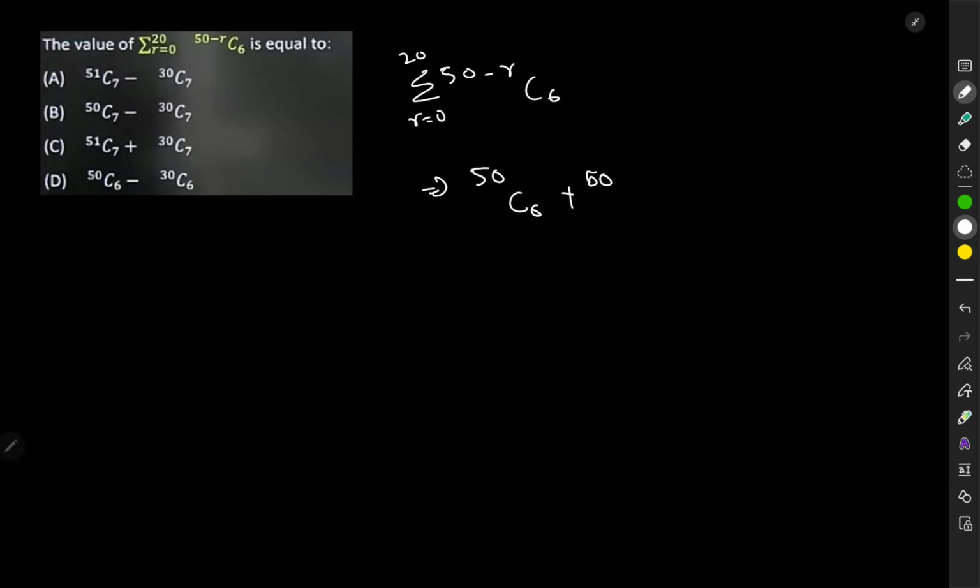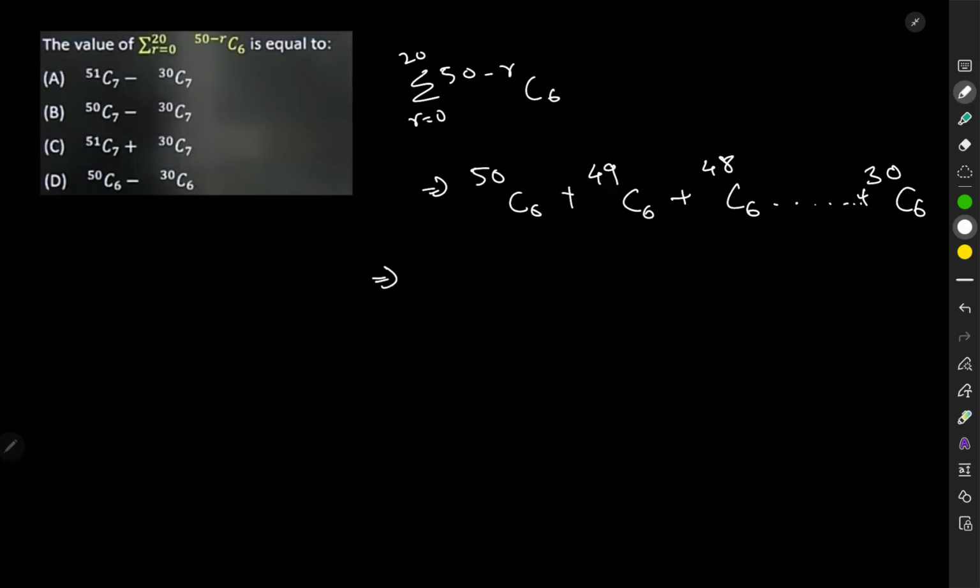Yeah, it's 6, fine. Put r equal to 1, you will get 49C6 plus 48C6 and so on till r equal to 20, which is 30C6, if I'm not wrong, right?